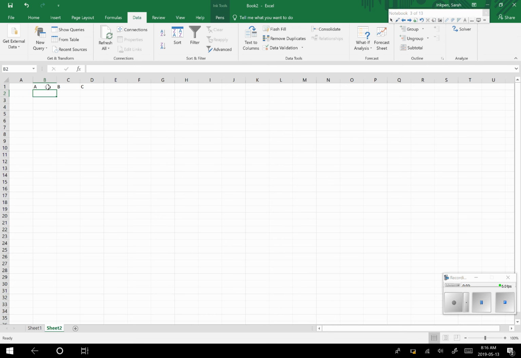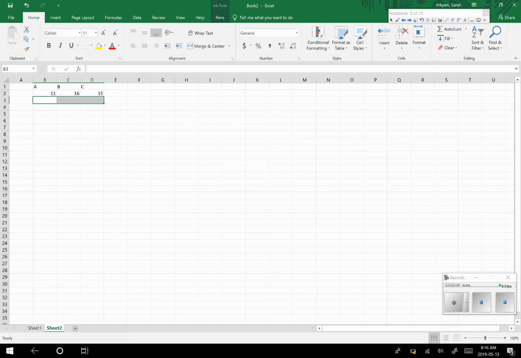And the profit line goes here, so 11, 16, 15. This is where the solution's going, and I usually color that in. And this is Z max.